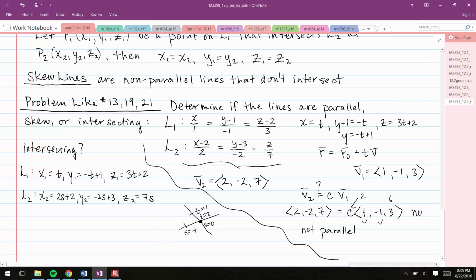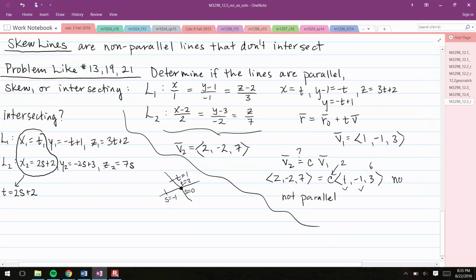So doing this, what we're going to get is our x coordinates equal. We have the equation, just going to really mark this up. We're putting these together, and we're going to have t is equal to 2s plus 2. Okay, what does that tell us? Not much.